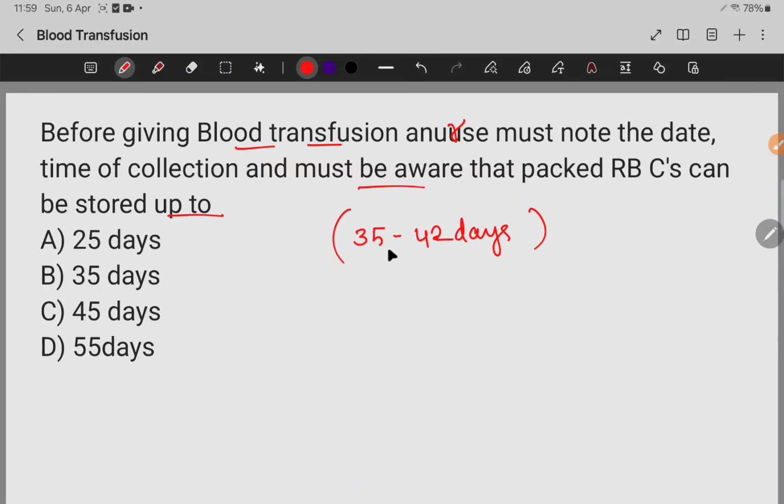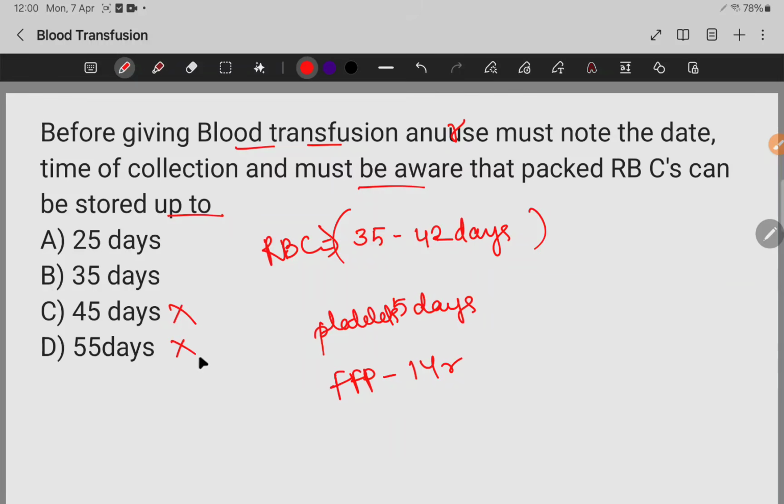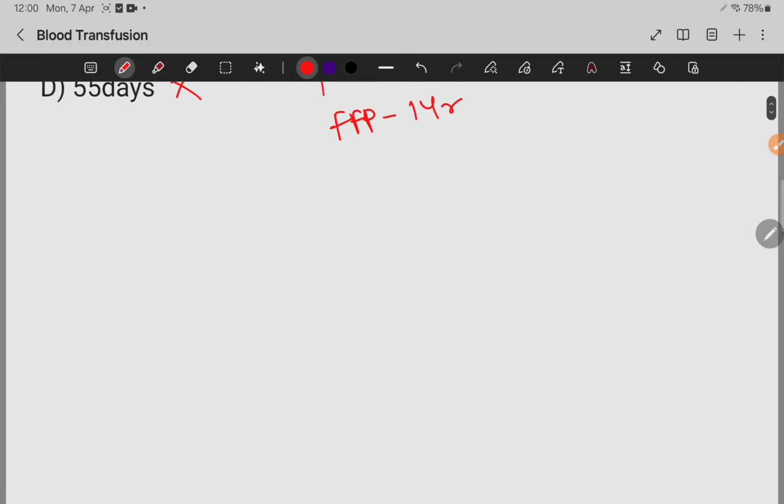Platelets can be stored up to 5 days, and FFP for 1 year. So this is about RBC, 35 to 42 days. 45 days is not the option, 55 is wrong, 25 wrong. So the option is B, 35 days.